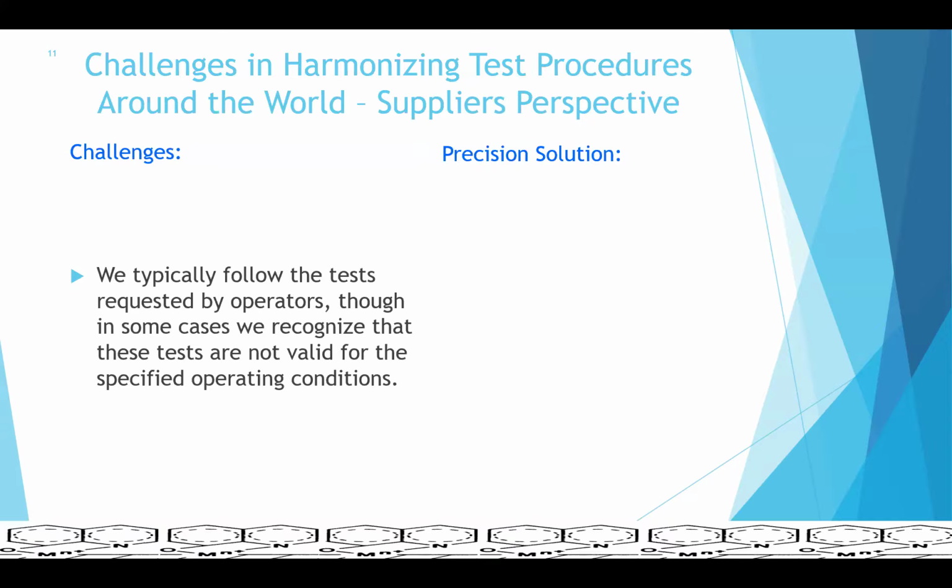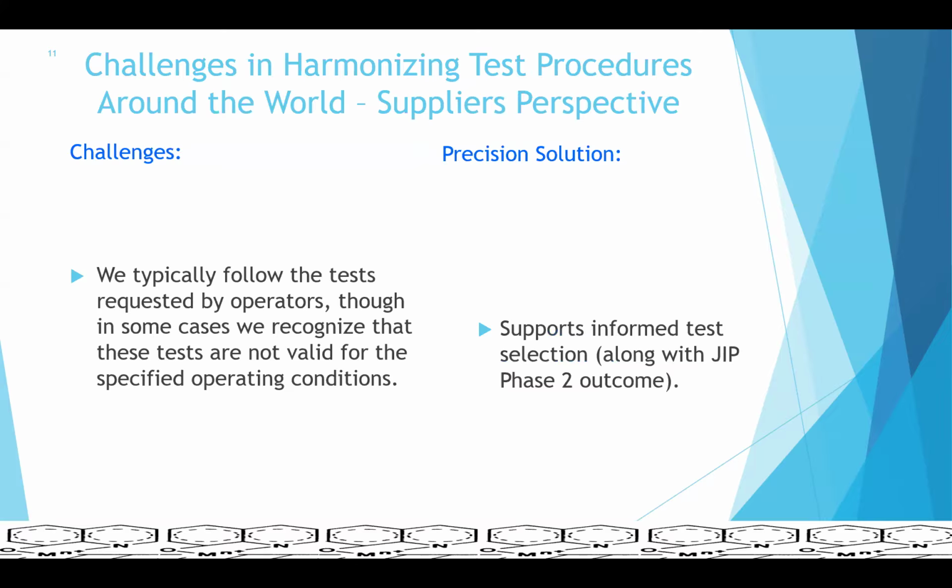This is one of the major challenges faced by the suppliers. Of course, precision statement provides an informed test selection, along with the joint industry project phase 2 outcome, which gives a flow chart as to which lab methodologies to be selected under what conditions. Along with precision statement, this addresses some of the concerns of the suppliers.